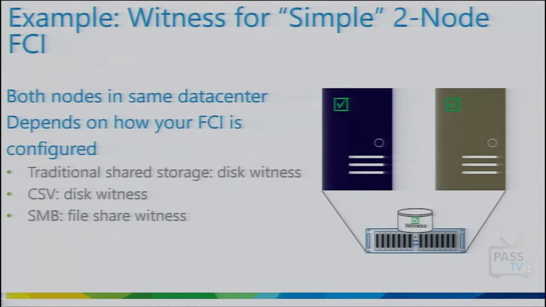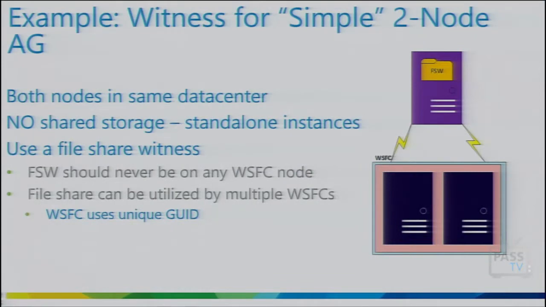Because as things have changed in SQL Server, so too do we need to change our thinking about how we've deployed our witness. Now let's look at the AG scenario. Now here's a problem. When you create a cluster for an AG, where in this case you have standalones, and that's exactly what I'm showing here, by default it's not going to create any witness for you, okay?